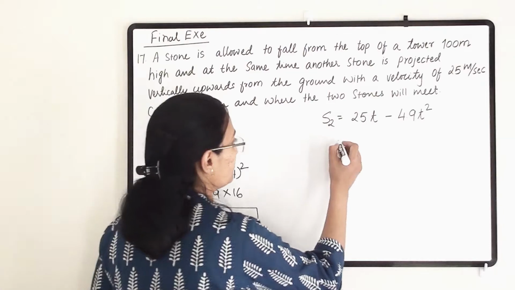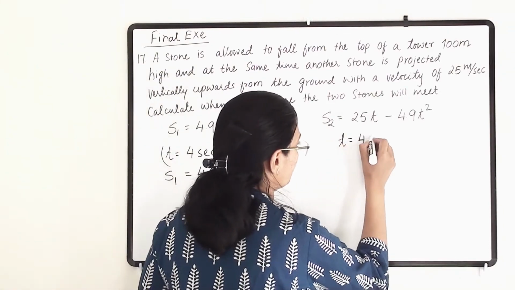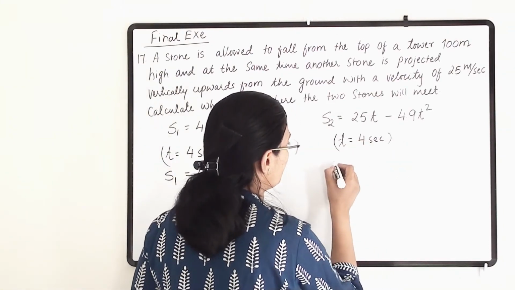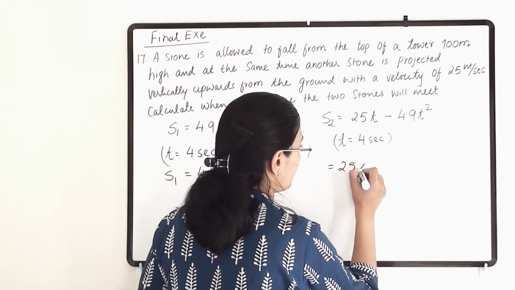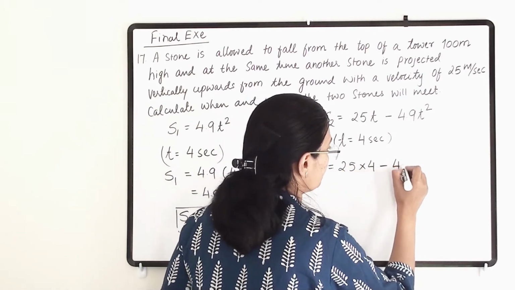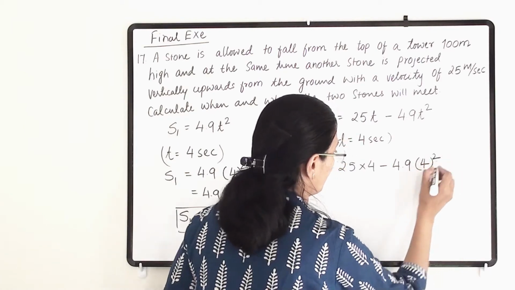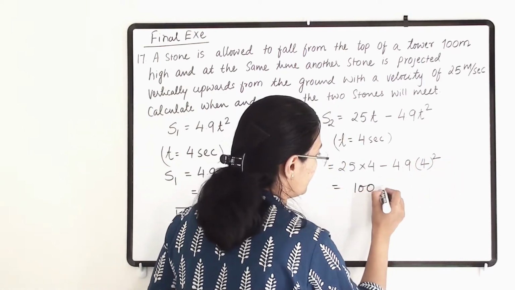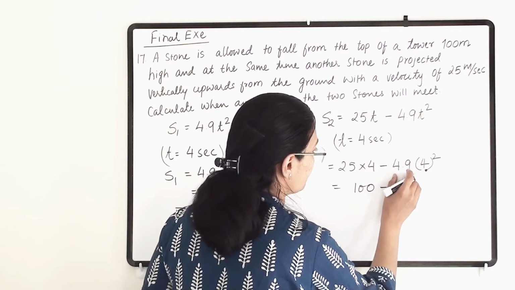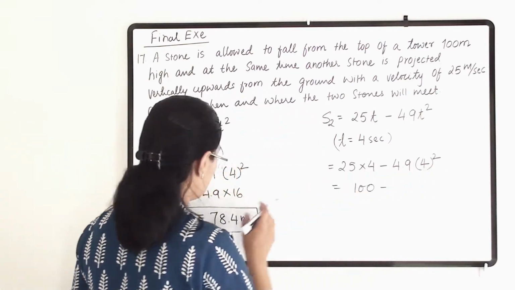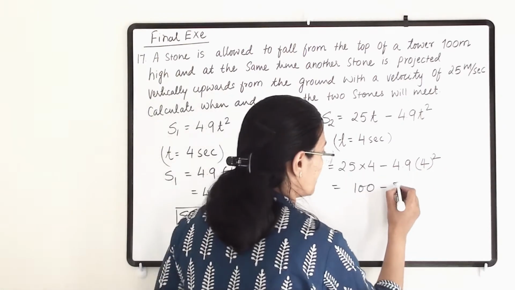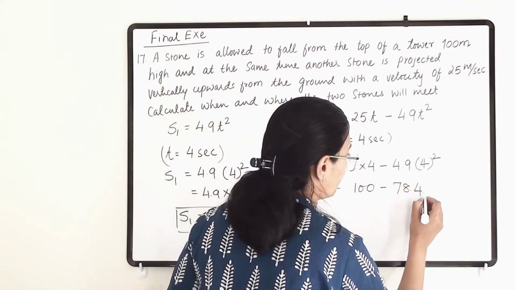The same thing, we are substituting t equals 4 seconds in this equation. So we get 25 into 4 minus 4.9 multiplied by 4 square. So here 100 minus 4.9 into 16, which is 78.4.